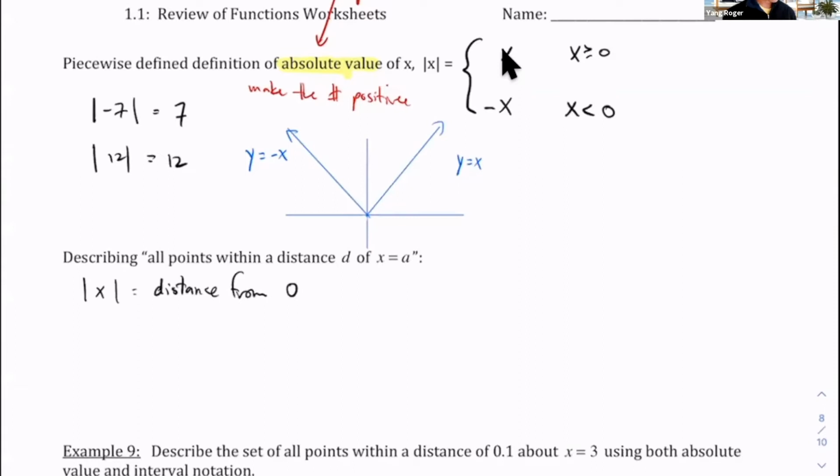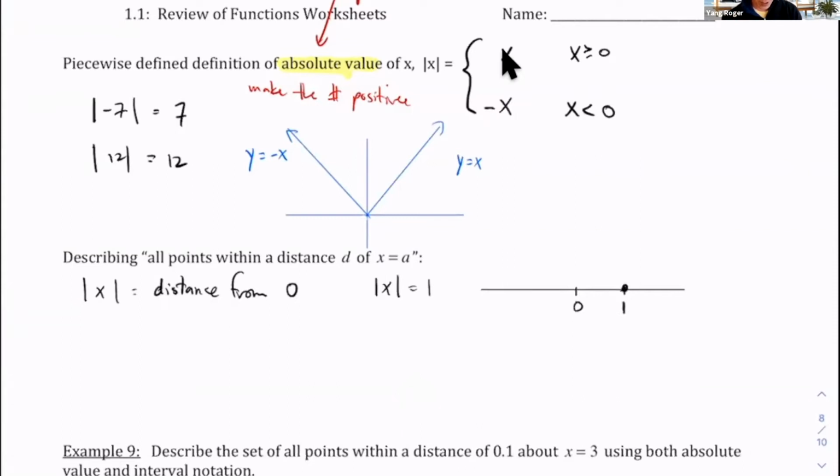If someone says, for example, absolute value of x is equal to 1, you could draw a little number line to represent that idea. Here's 0, and the number 1 is a distance 1 from 0, so that's on one side.